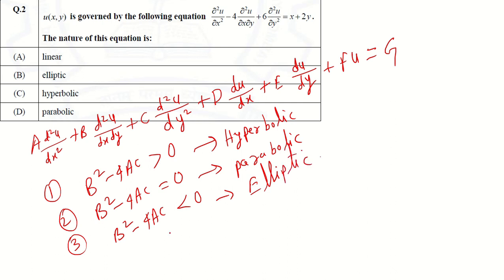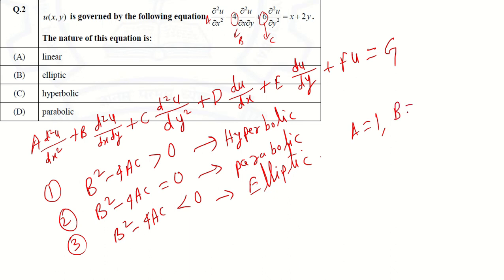Now according to this, the equation is given. Here you will see the coefficient of this one is A, this one is B, and this one is C, right?